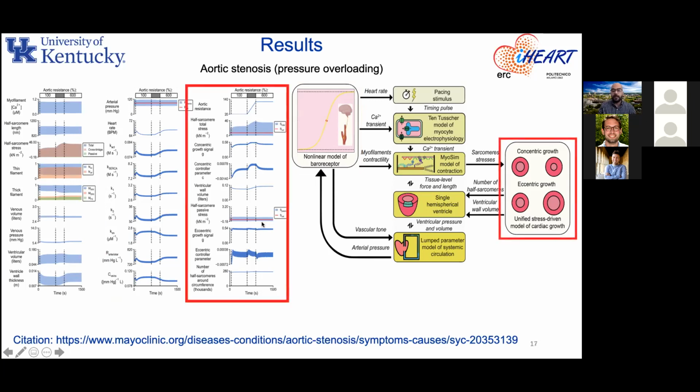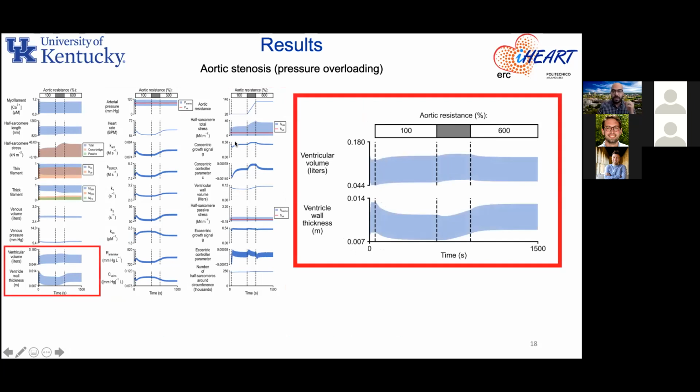And in the last column, we can see how the cardiac growth module was changed, basically regulating the ventricular wall volume and serial number of half sarcomeres to adapt to the change in the ventricular loading.